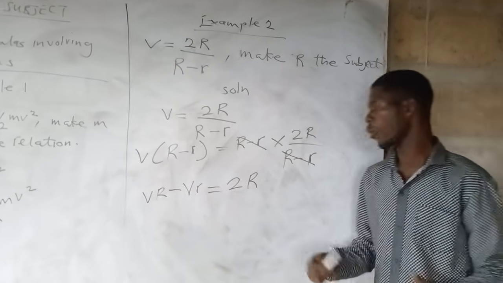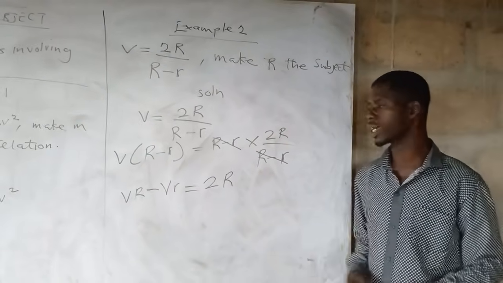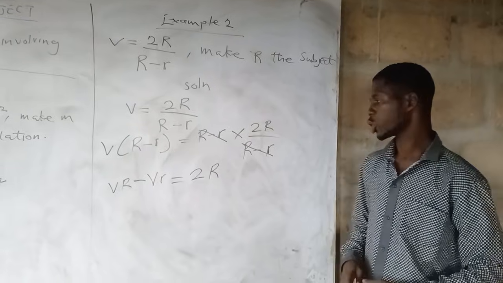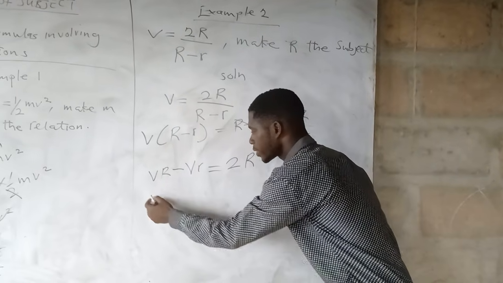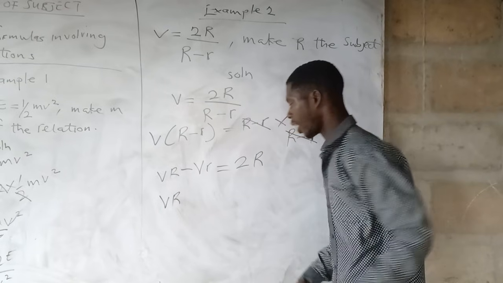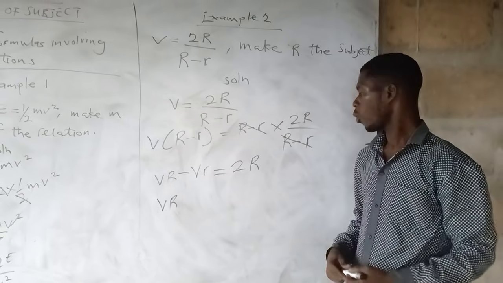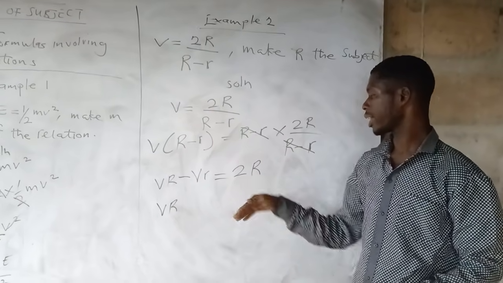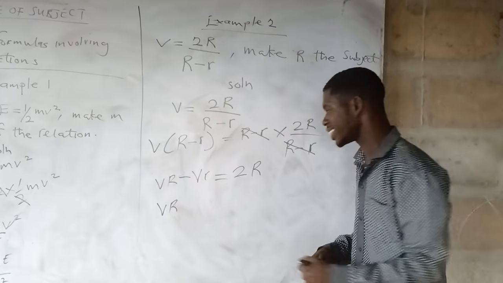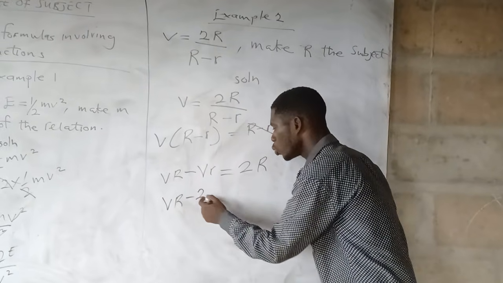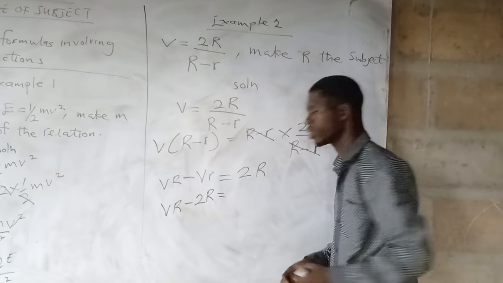Yes. Now we are making the capital R the subject. So we're supposed to group like terms, right? This one will still be where it is, V in R. And this one will come here, whilst 2R is positive here, crossing the equal sign it becomes negative. So negative 2R equal to.